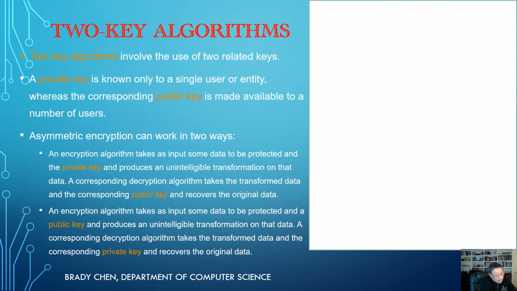Okay, so let's talk about two key algorithms. Two key algorithms involve the use of two related keys. One is the private key, the other one is the public key. A private key is known only to a single user or entity. In the meantime, the public key is made available to a number of users, made available to the public.